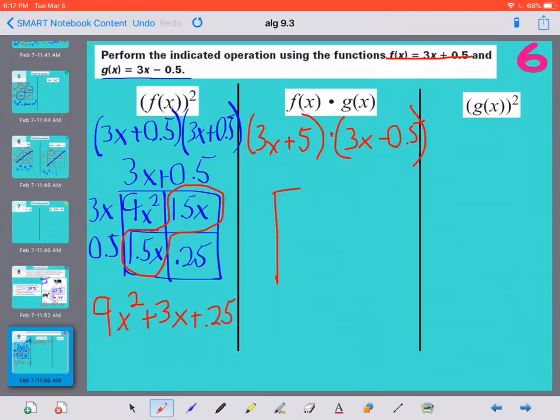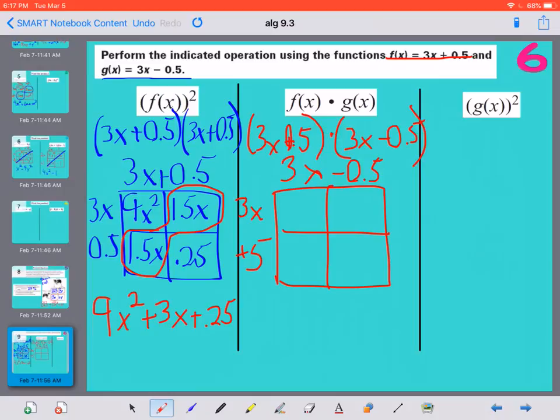So if we drew our box here, we'll have 3x, plus 0.5, 3x, minus 0.5. Oh, this is 0.5. I made a mistake there. So plus 0.5.